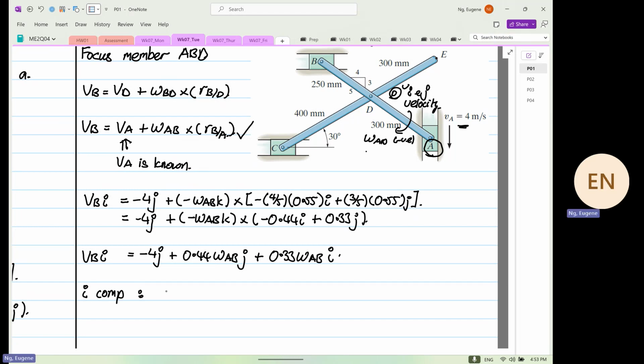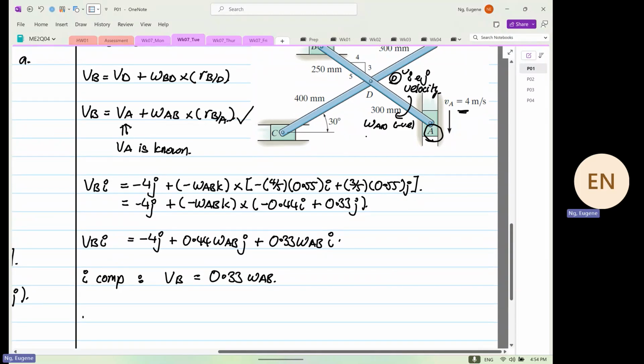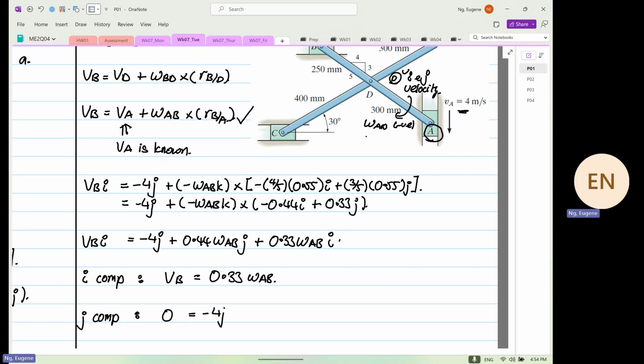Right? So you have VB is equal to 0.33 omega AB. Okay, that's your VB. And then we know that in the J component, because the J velocity is equal to 0, this will be 0 is equal to minus 4J plus 0.44 omega AB.